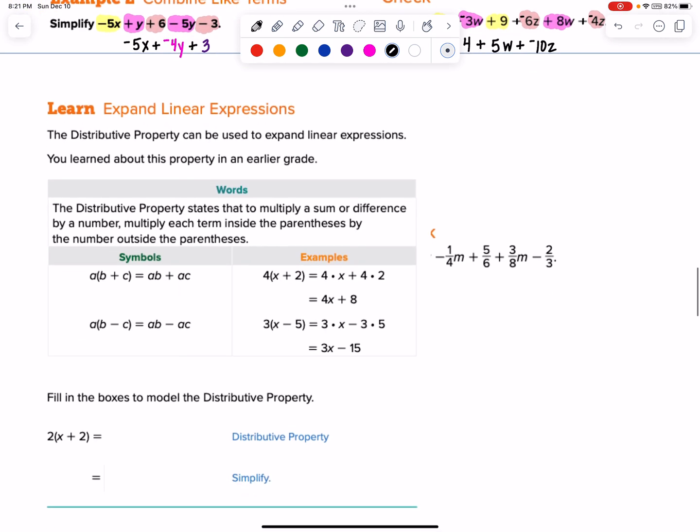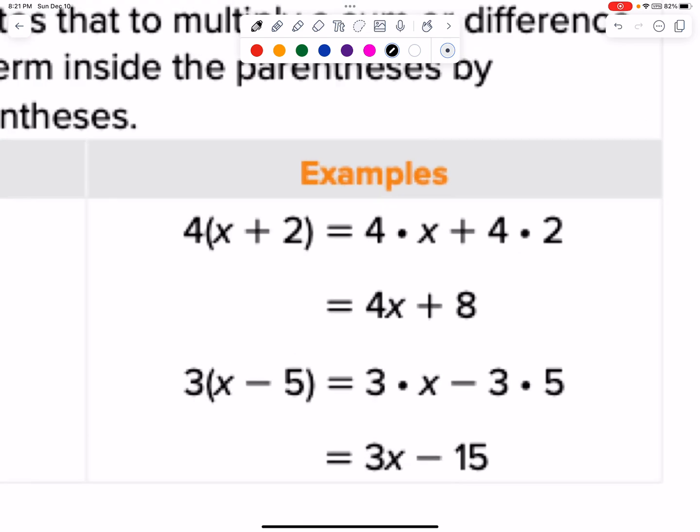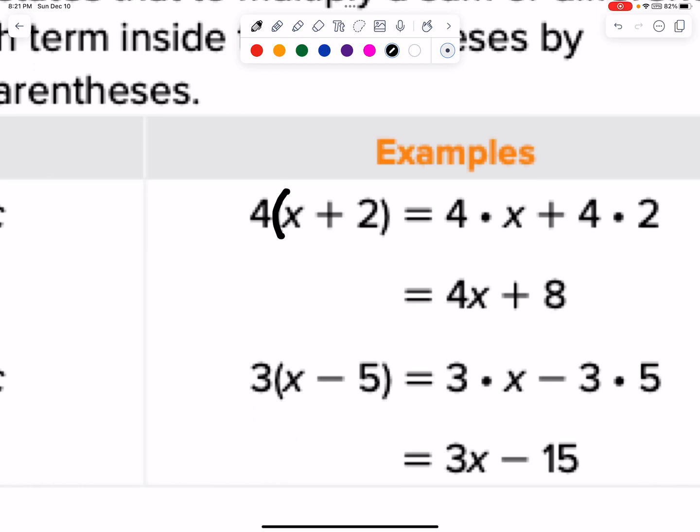All right, let's go ahead and expand linear expressions now. Expanding is another word called distributive property, or distributing. And so what we're doing is we're allowed to distribute when you have a quantity with addition in the middle, or subtraction, because remember, subtraction is just adding the opposite. So it really is addition.